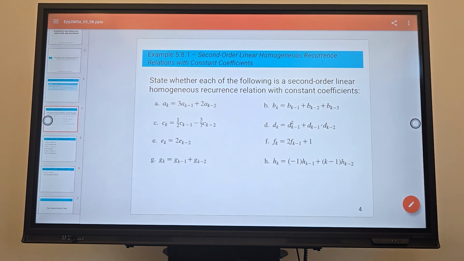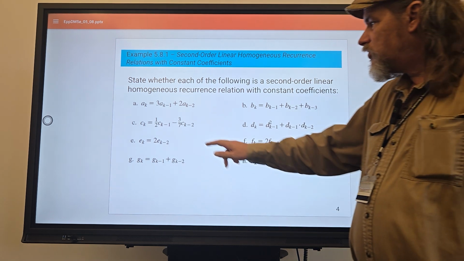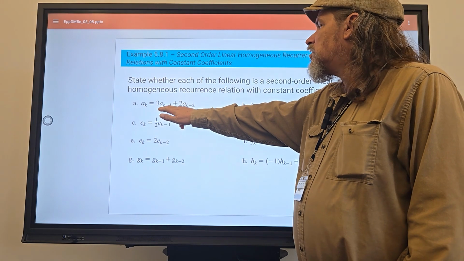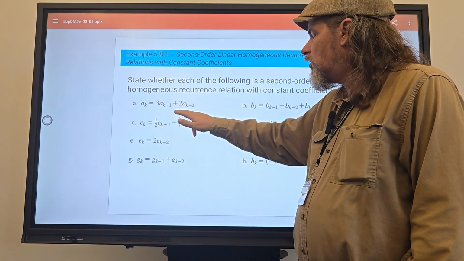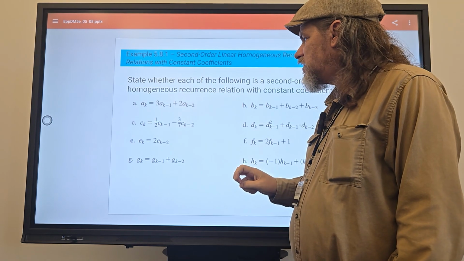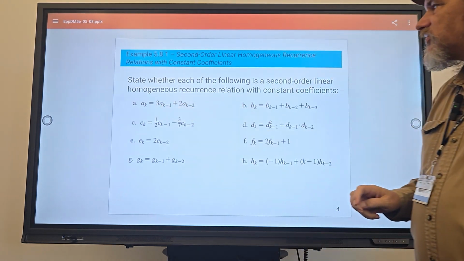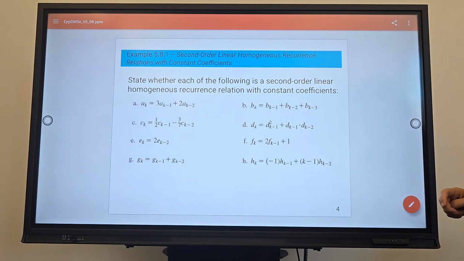So, state whether each of the following is a second order linear homogeneous recurrence relation with constant coefficients. A, you got two terms, so it's second order. The terms are from the same sequence as what you're trying to find, and A and B are fixed real numbers.